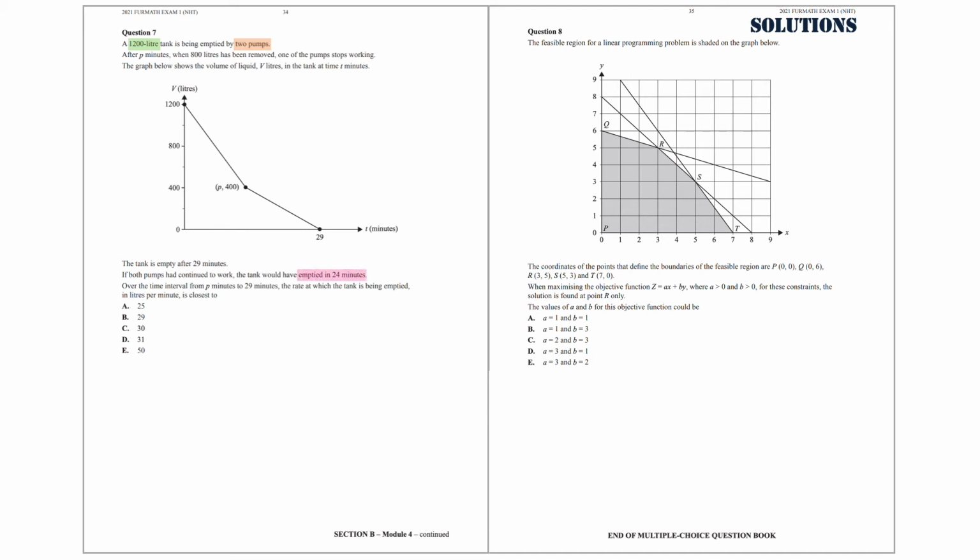Question 7. A 1200-liter tank is being emptied by 2 pumps. After p minutes, when 800 liters has been removed, one of the pumps stops working. The graph below shows the volume of liquid, V liters, in the tank at time t minutes. The tank is empty after 29 minutes.